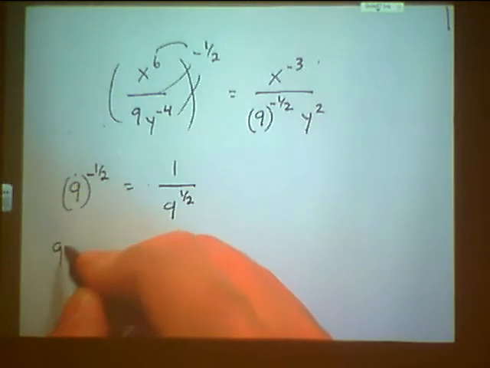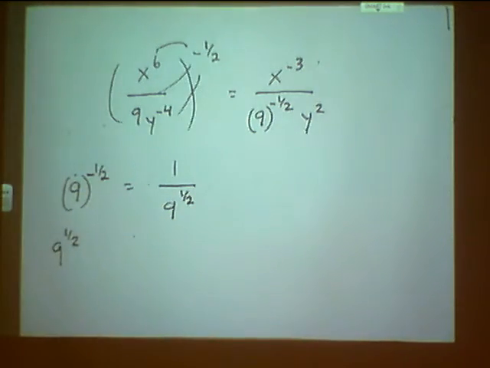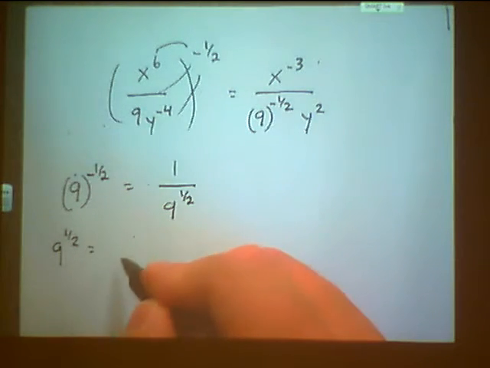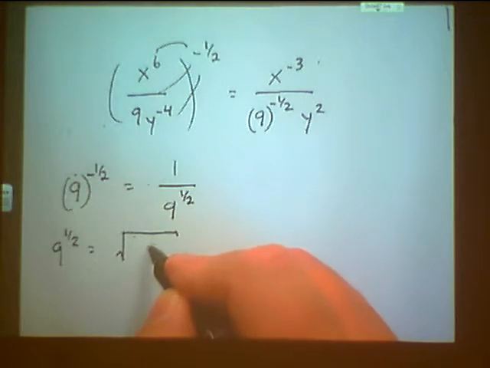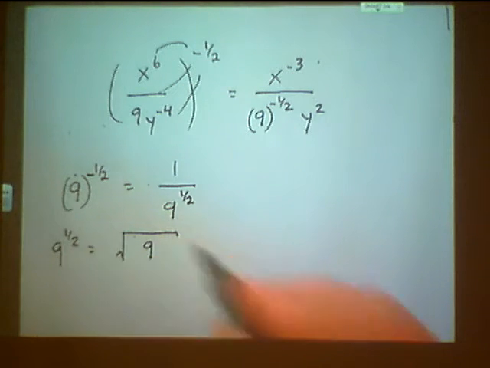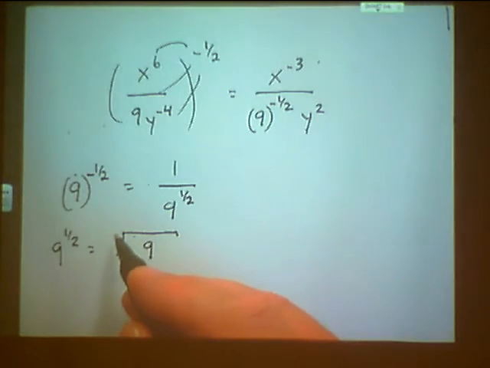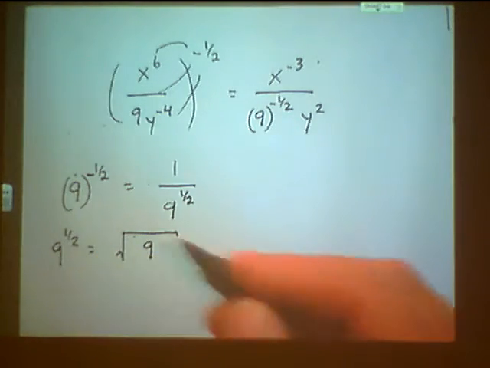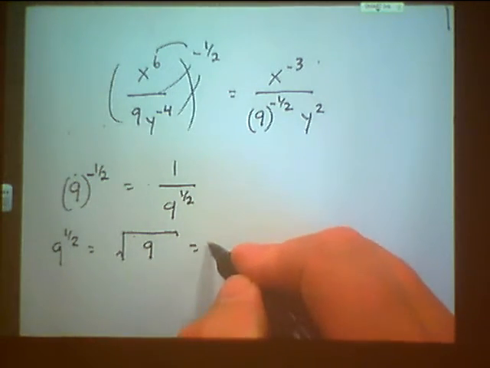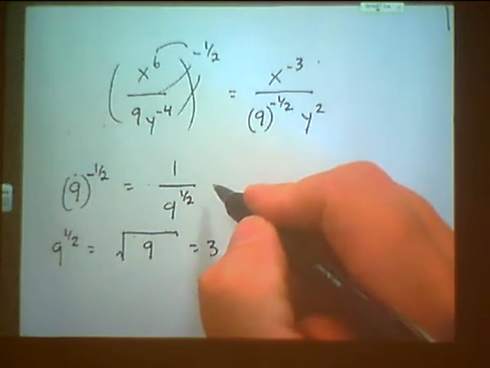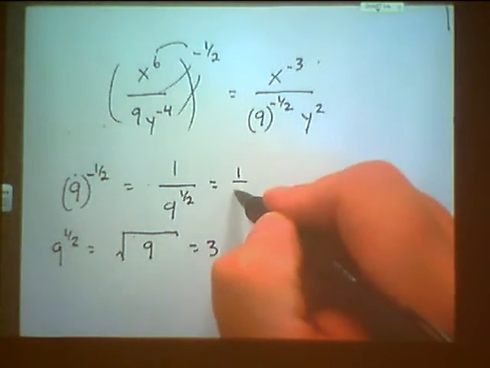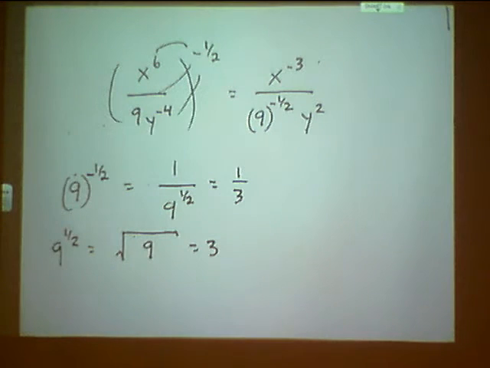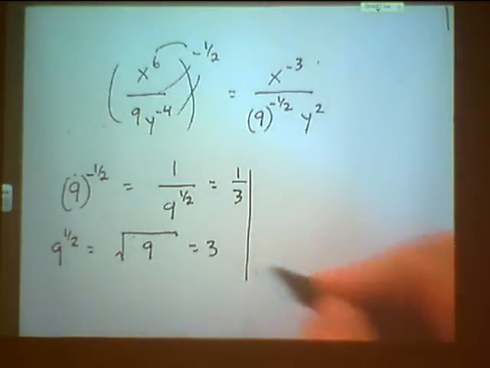If you don't quite see what that equals yet, we can always convert it to a radical. The root is 2, so it's a square root, so I don't write anything here. The numerator is 1, so basically 9 to the 1/2 is the square root of 9, which equals 3, which means this. So as it turns out, 9 to the negative 1/2 equals 1/3.